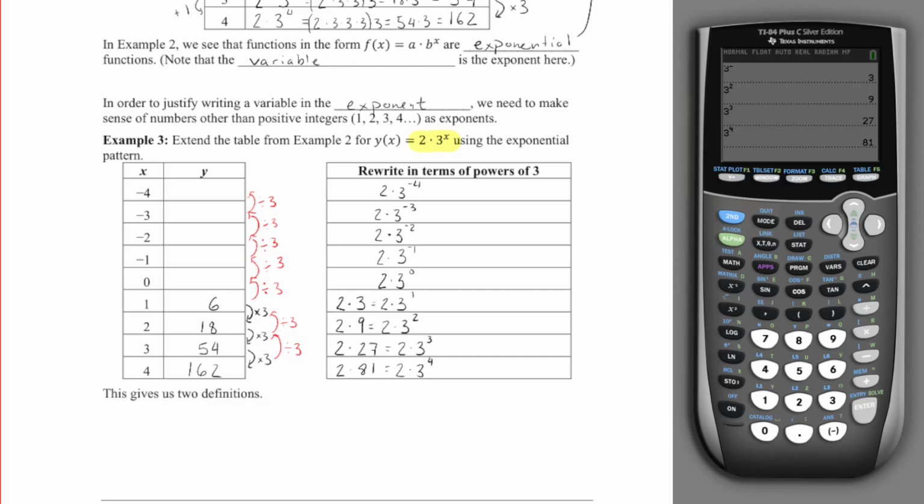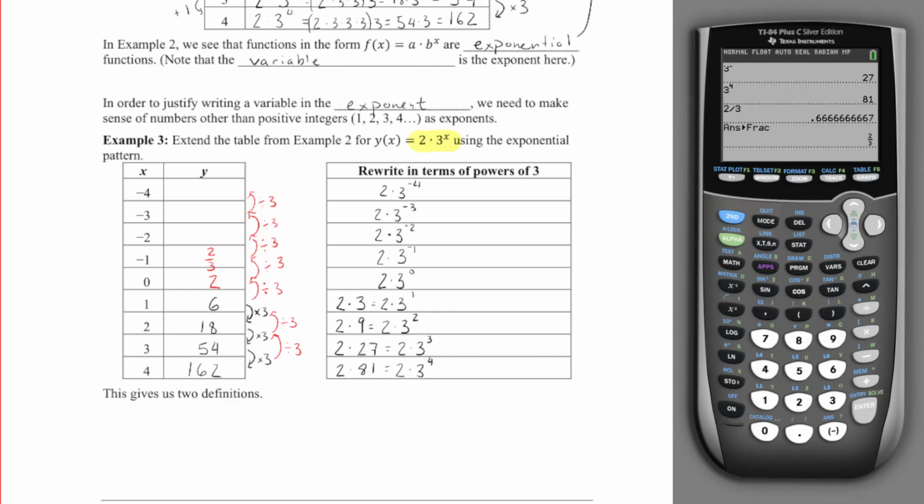So let's see what happens. Well, 6 divided by 3, that's easy. That's 2. And then after that, I think I'm going to start getting into fractions. 2 divided by 3, let's just make that a fraction. So 2 divided by 3 is 2/3.